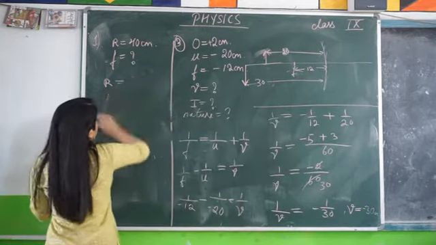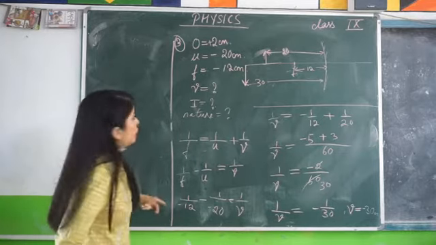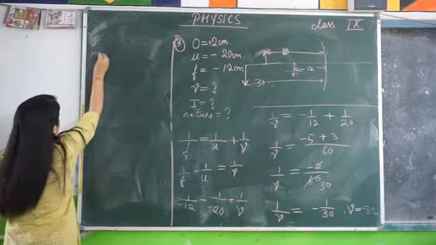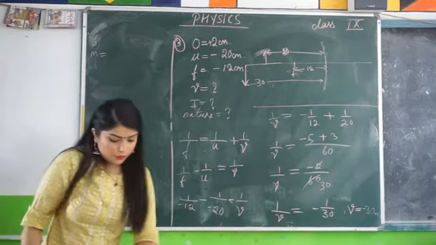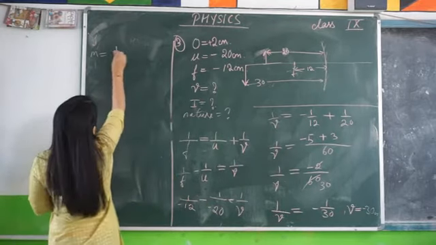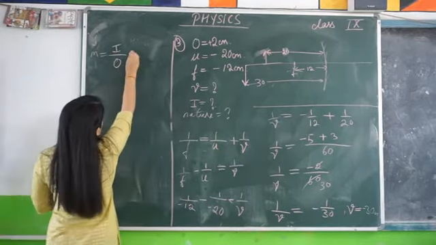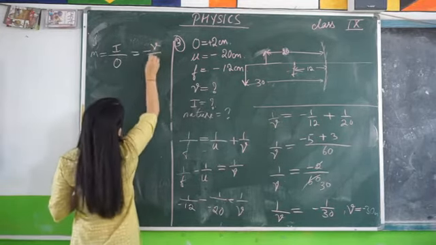Now what I have to find next is, we have got v, we have to find I. The formula of magnification is height of image divided by height of object. So height of image is I, and object is O. Another formula for magnification which I have already given you is minus v by u.